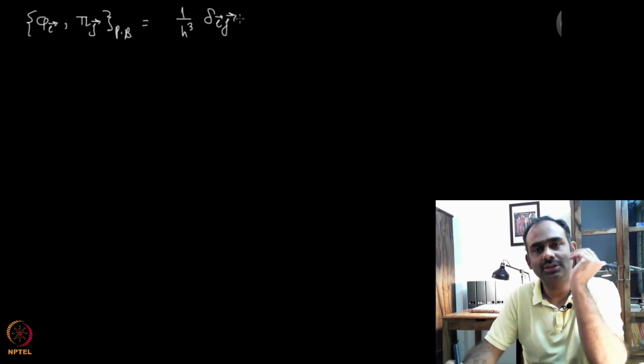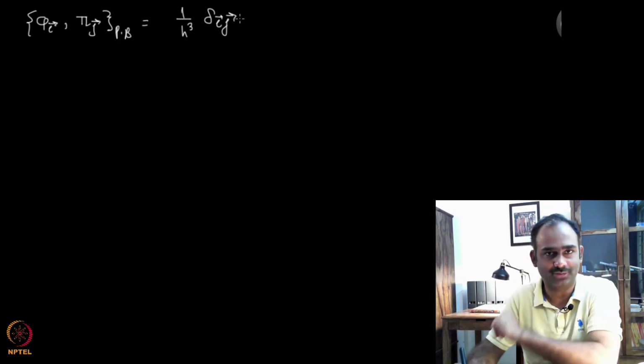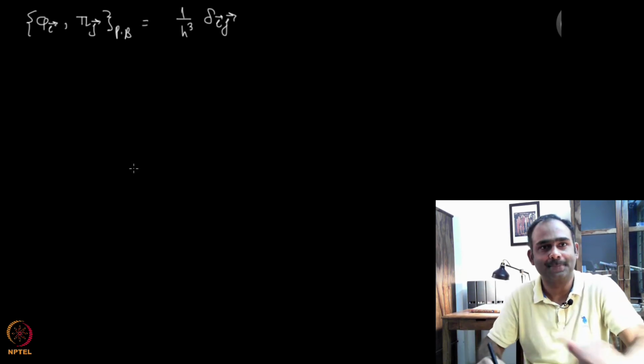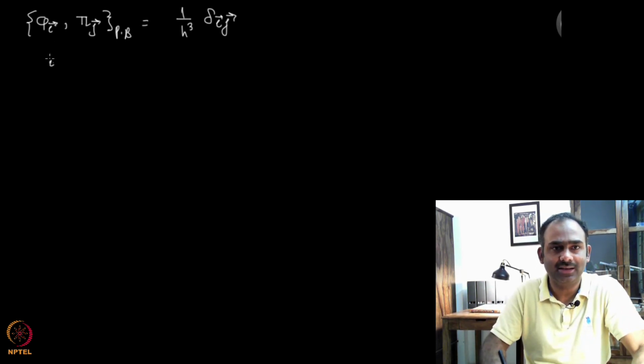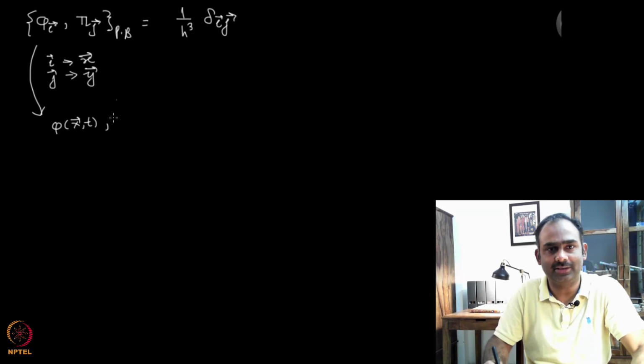Okay, now if I go to the continuum limit, from discrete back to our original space, i corresponds to x and j corresponds to y. So when I am going back to the continuum limit, this will become φ(x,t), that will become π(y,t), and I should figure out what the right hand side becomes.